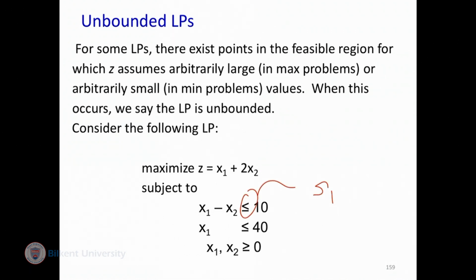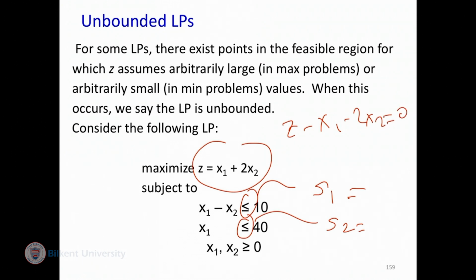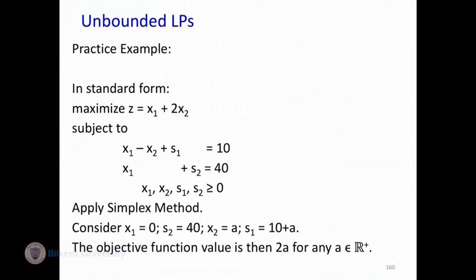Let's call it s1, making this an equation, and another slack variable s2, making this an equation, right? And writing the objective in row 0 format: z minus x1 minus 2x2 equals 0. So I have standard form, with s1 and s2 as my first basic variables. This is going to be a very easy LP to apply simplex to, right?